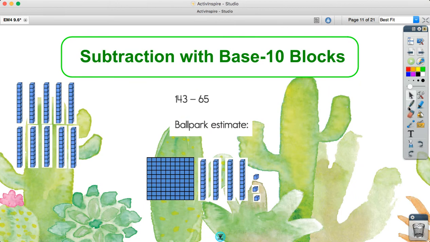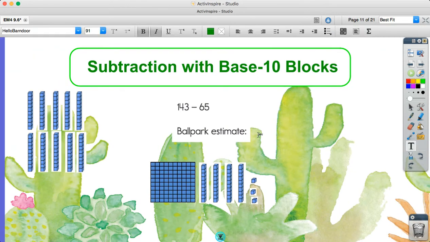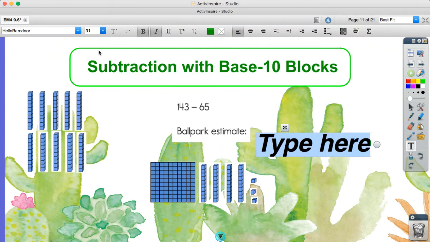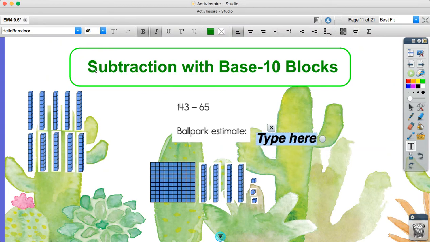Let's try this one: 143 minus 65. My ballpark estimate could be 140 minus 60 or 140 minus 70.